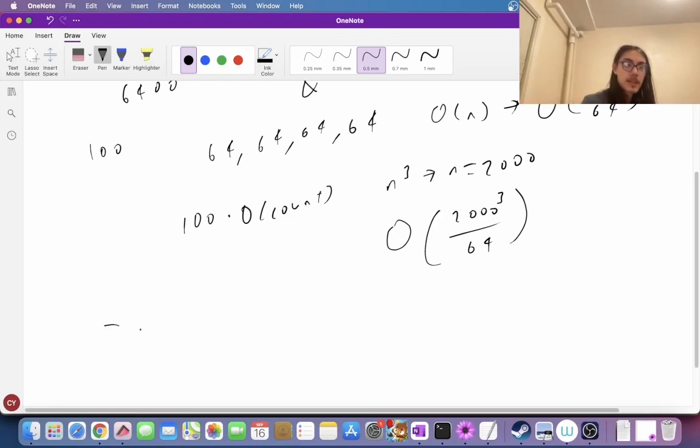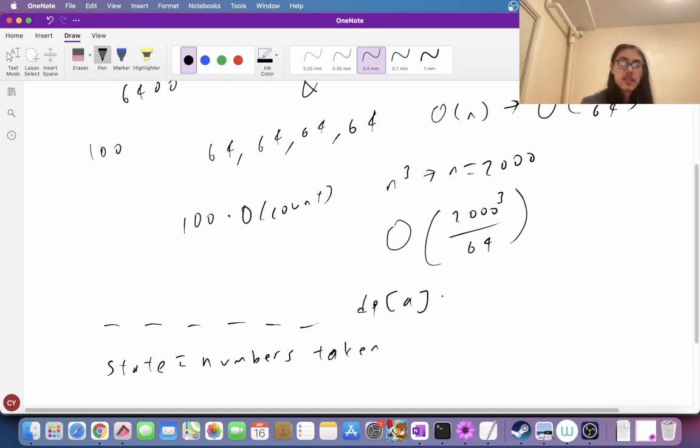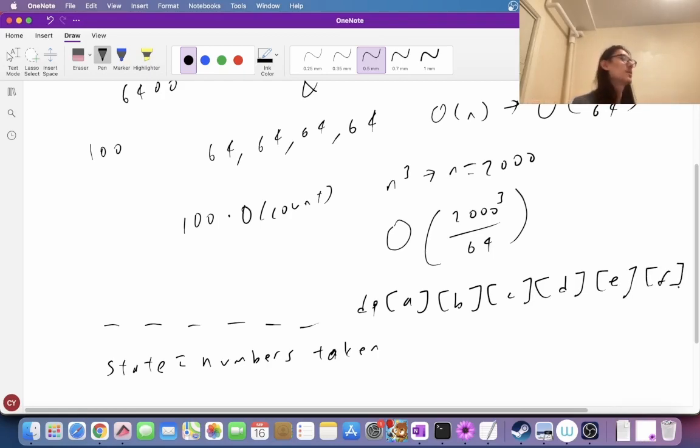So for example, suppose we're taking numbers from an array, and the state represents the set of numbers that we've taken. Instead of having something like DP of 6 different variables, one for each array value, that's stupid, right? Don't do this. This is absurd. So you have like 20 variables. That's going to be insane. You're going to have to write a robot to auto-generate that code for you. It's going to be dumb. And it's going to be inefficient because you're making 20 array accesses each time.